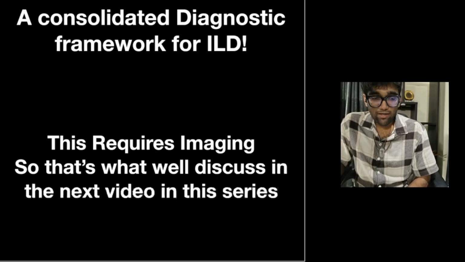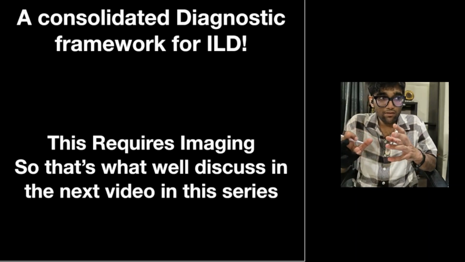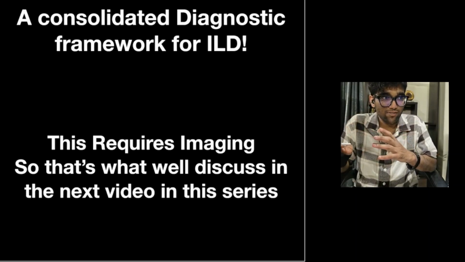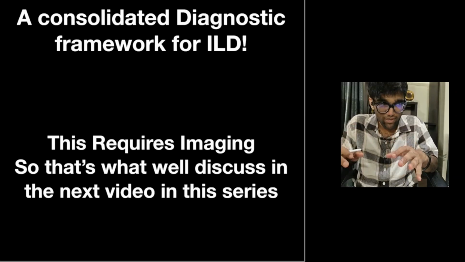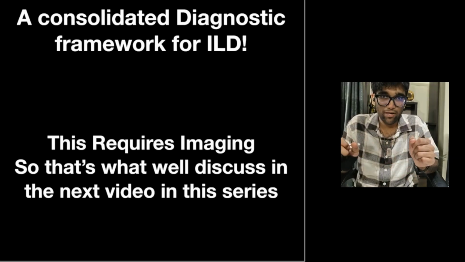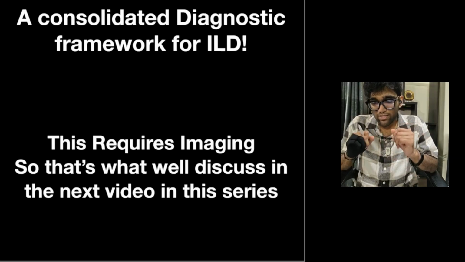Suffice to say, however, that the primary driving logical principle behind the diagnostic framework will be that the UIP pattern is very dogmatic. That is, it will show a basal predominance. It will not spare the subpleural areas, and that is what we will be using in our diagnostic framework.